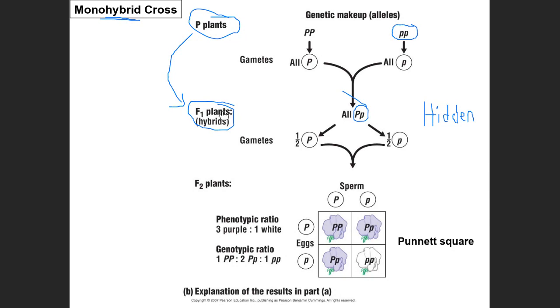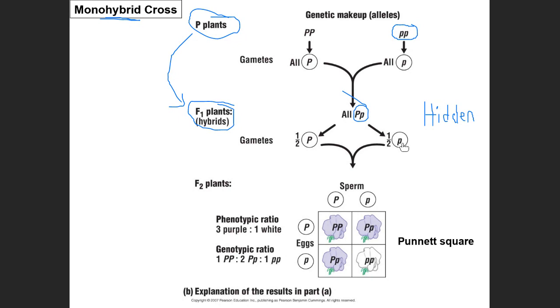Except in these F1 plants, when they self-fertilized, in the stamen where gametes called sperm are produced, these sperm would either contain the chromosome with the dominant allele, or the chromosome with the recessive allele.